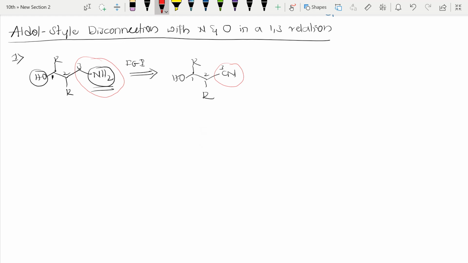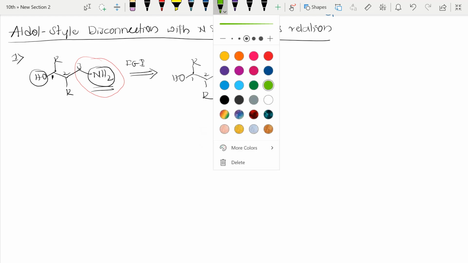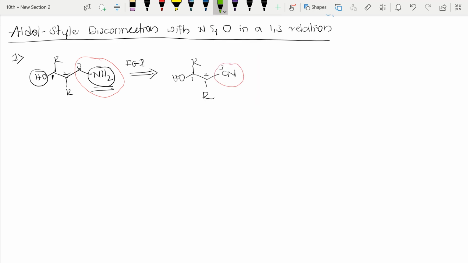So what are the things you need to remember? See here, these things you need to remember. Sometimes, for example, a compound like this is there, CH2R, CH2R, and this is H. So this is an amine. In functional group conversion I converted the amine into an amide, and those reactions we have also seen.